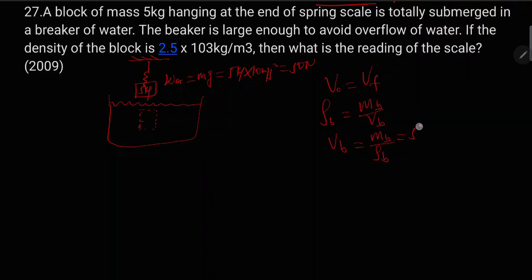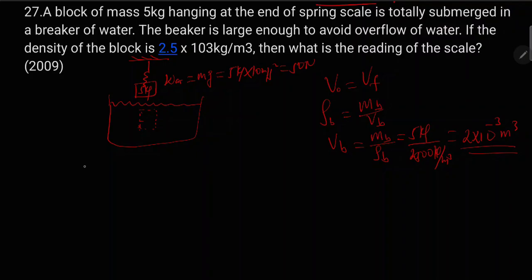What is the mass of the block? 5 kilogram over density of the block, 2500 kilogram per meter cube, which is equal to 2 times 10 raised to minus 3 meter cube volume.